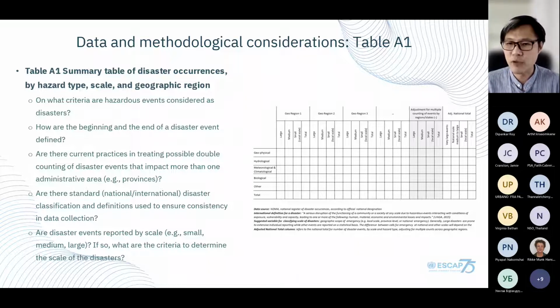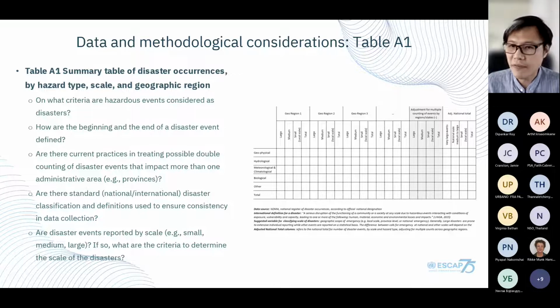But then we have the adjustment of -2, so that the national total in the last column has only one event. This would be a statistical approach to avoid double counting. It also depends on whether the country has a system to assign a unique identifier or number to different disasters, in which case this issue might not come up. This really depends on how data are organized and treated in different countries.